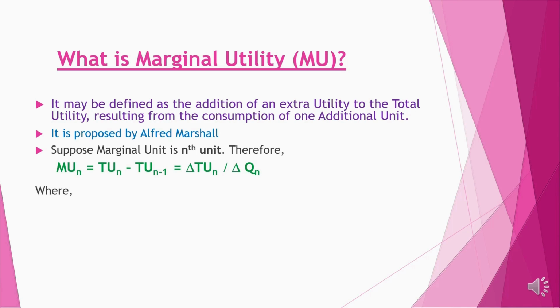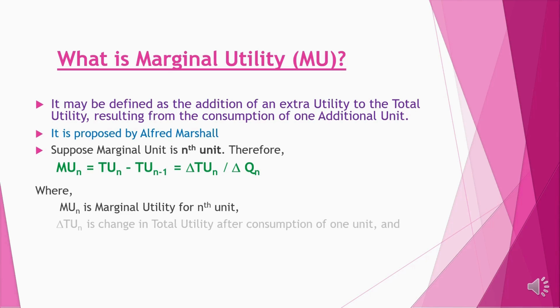MUn is equal to TUn minus TUn minus 1, which is equal to delta change in TUn divided by delta change in Qn, where MUn is marginal utility for the nth unit, delta TUn is the change in total utility after consumption of one unit.